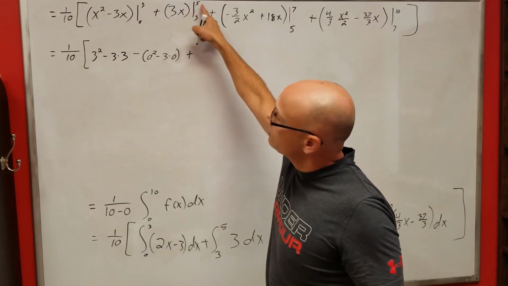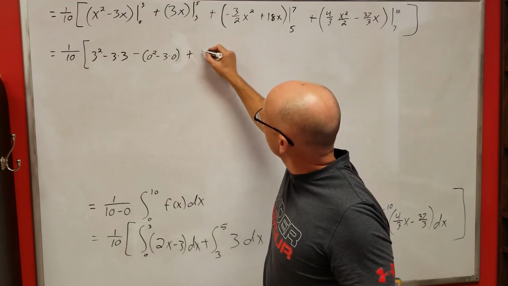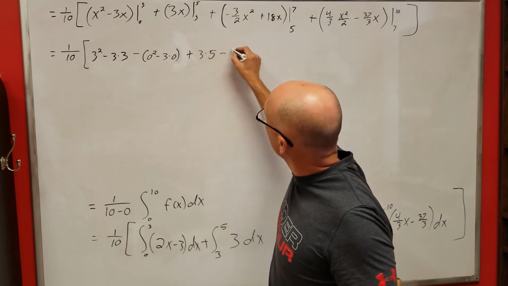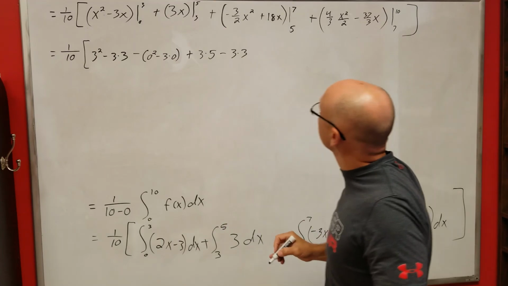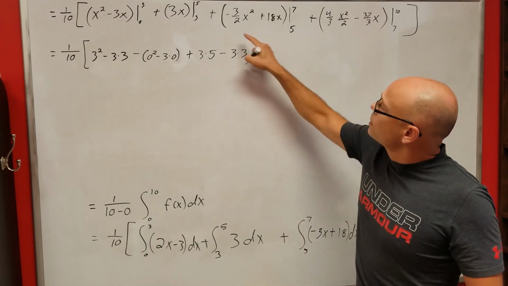Plus, evaluate this one at 5 and subtract it, evaluate it at 3. So 3 times 5 minus 3 times 3. Plus, I'm right here now.